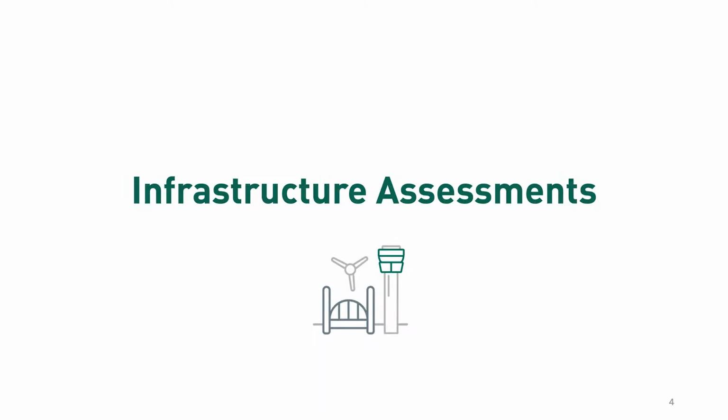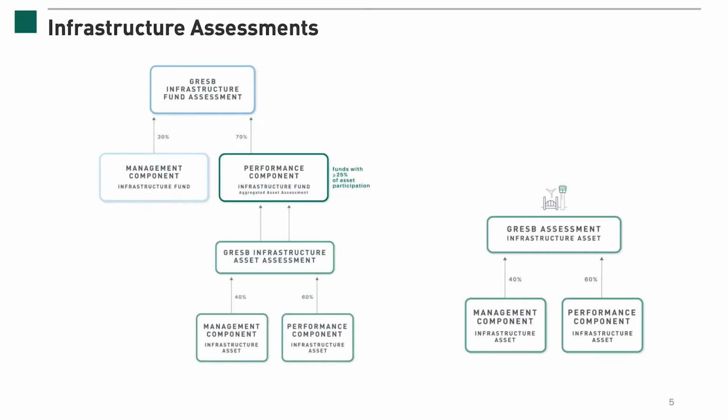We'll start with an overview of the two infrastructure assessments to establish the context for the asset assessment. GRESB provides two complementary infrastructure assessments, a fund assessment and an asset assessment. Both address critical aspects of ESG performance through a globally applicable and standardized reporting and benchmarking framework.